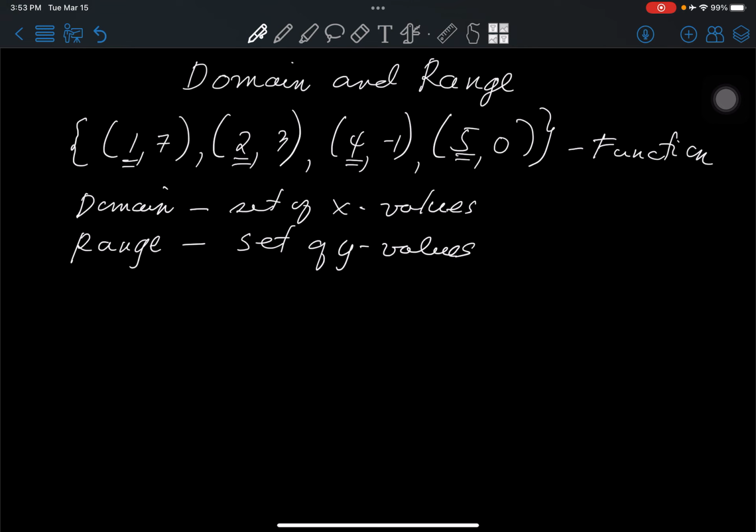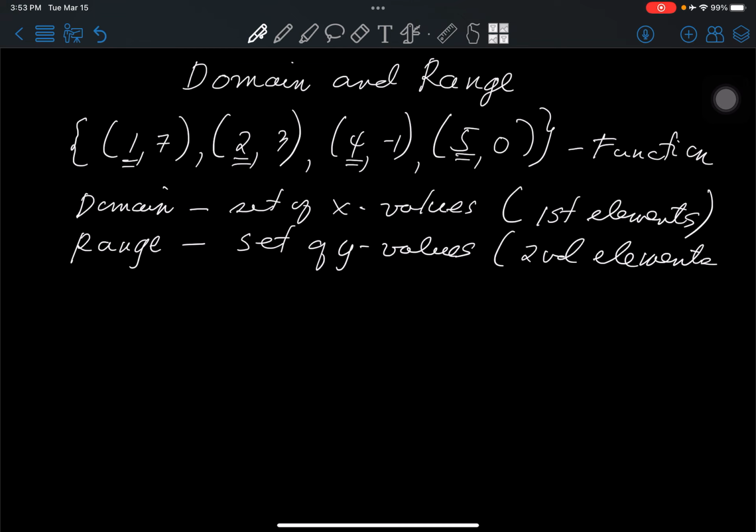In short, domain is simply talking about your first elements, then we have your second elements, if we are using your ordered pair.